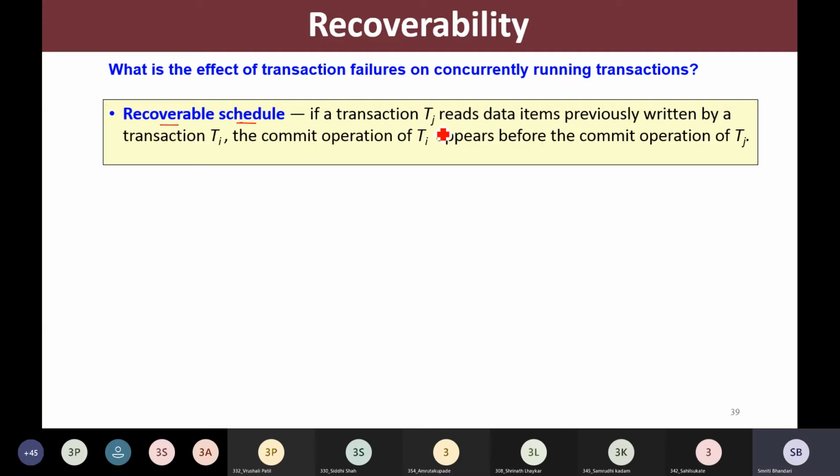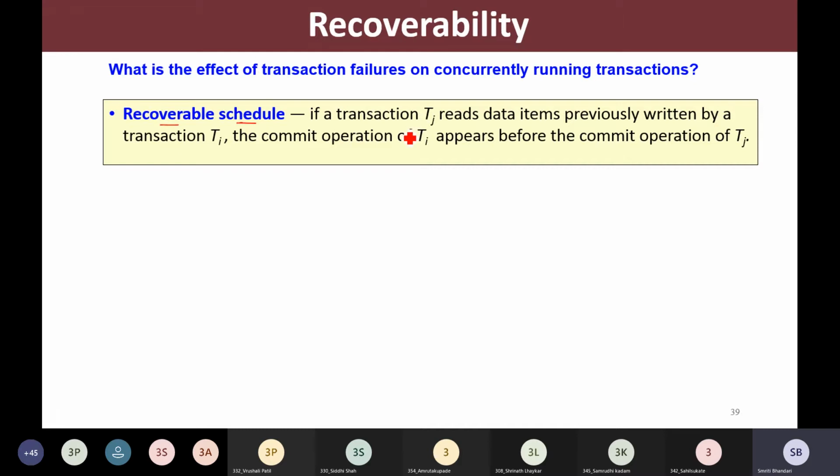If a transaction Tj reads data items previously written by transaction Ti, then the commit operation of Ti appears before the commit operation of Tj. I'll repeat.